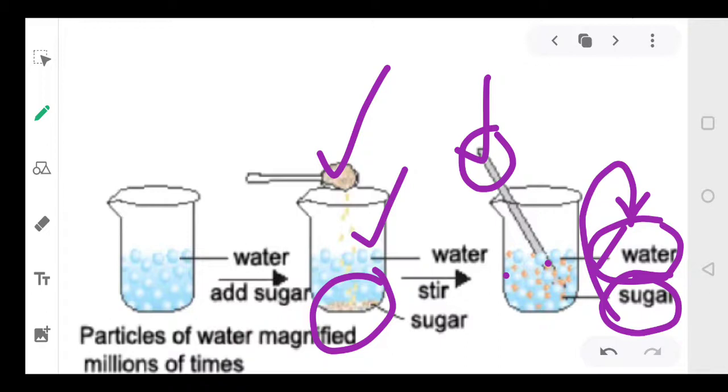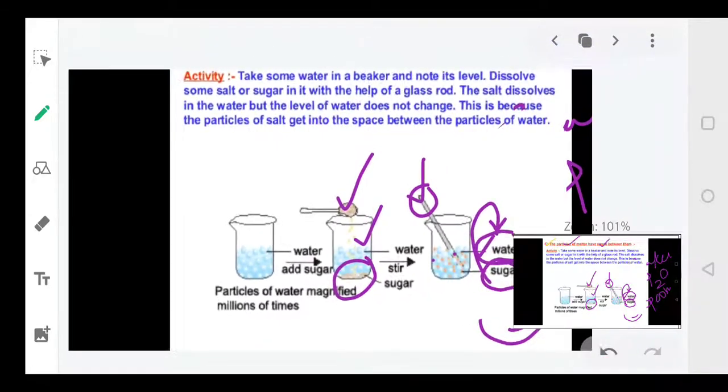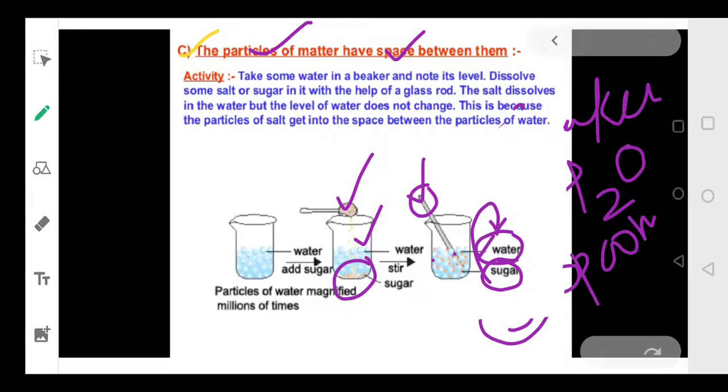Water is made of particles, and there is space between its particles, so sugar has entered into that space. It is between those spaces, and thus the sugar has become soluble. So from this activity we are clear that particles of matter have space between them.